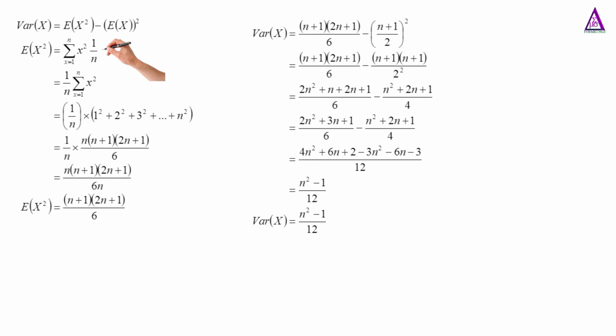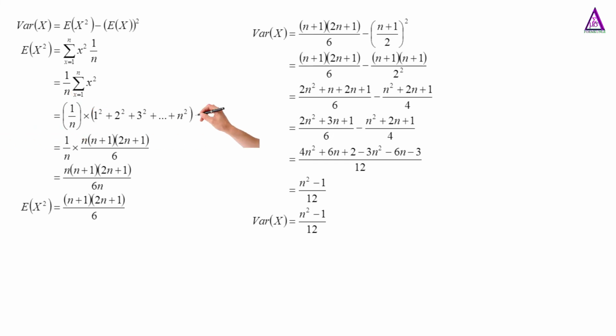We have, which is equal to the summation of x from 1 to n of x squared times 1 over n, which is the PDF of discrete uniform distribution. We factorize 1 over n out, and we have the summation of x ranging from 1 to n of x squared.